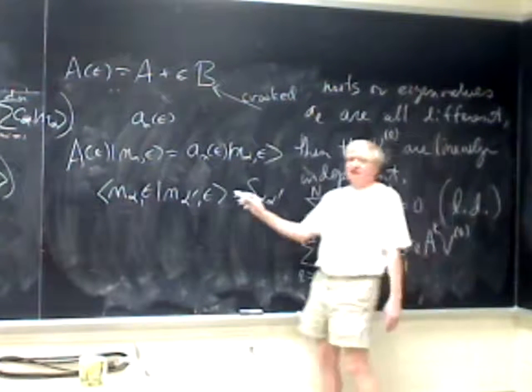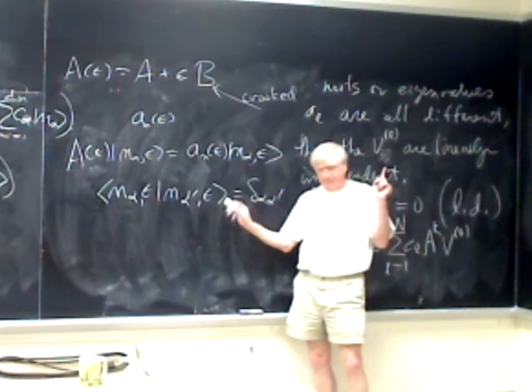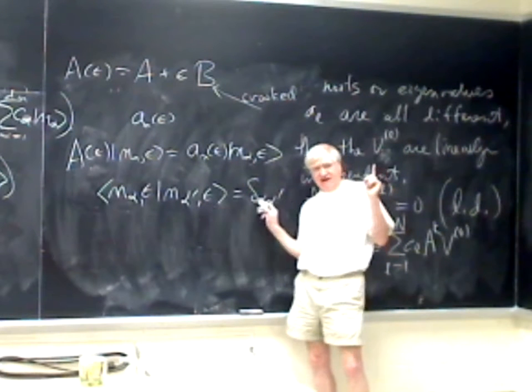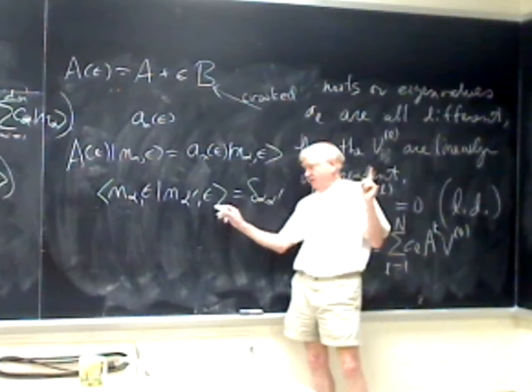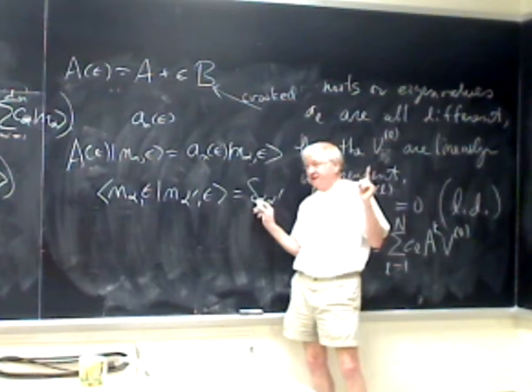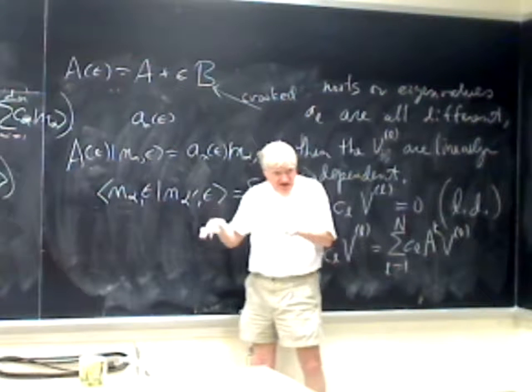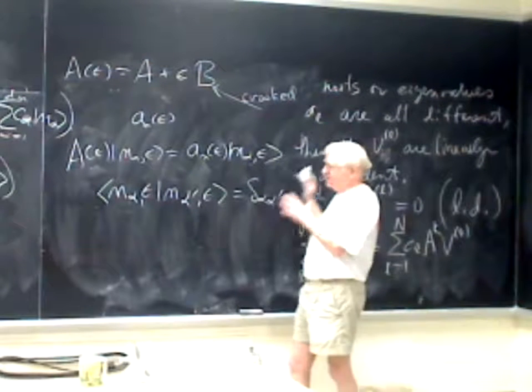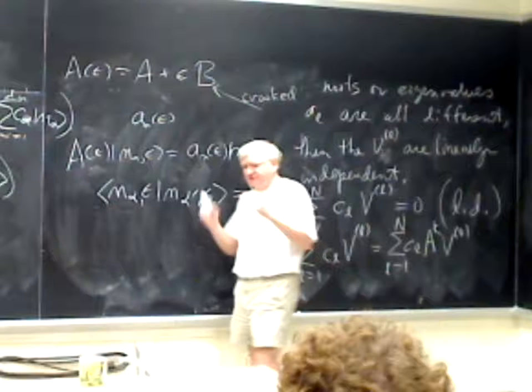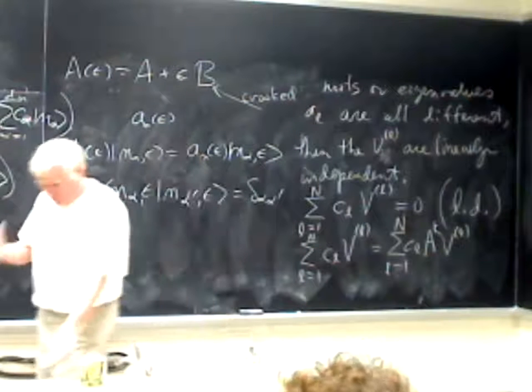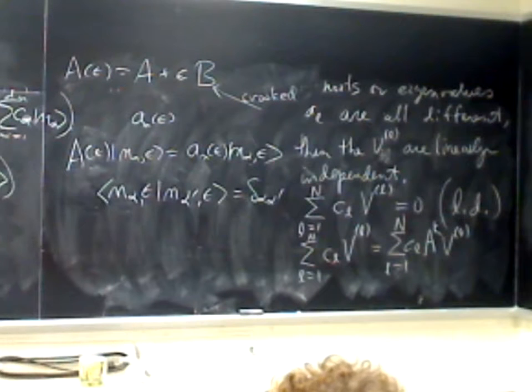And now you take the limit epsilon goes to 0. Since the right-hand side doesn't depend on epsilon, the vectors remain orthonormal, and A(ε) goes to A. So this is a way of finding an orthonormal set of vectors, of resolving the degeneracy.